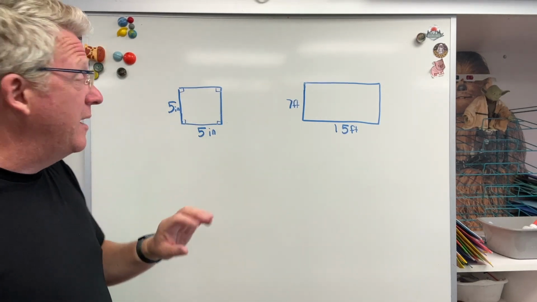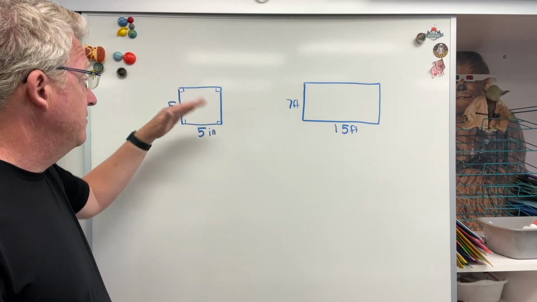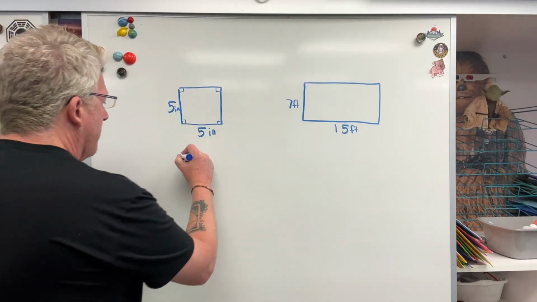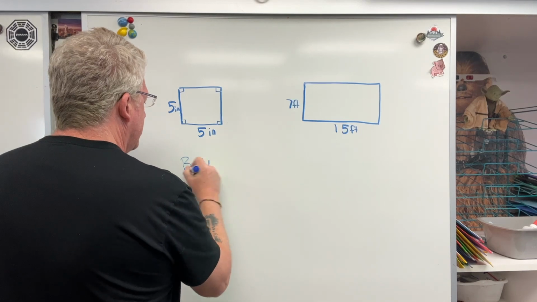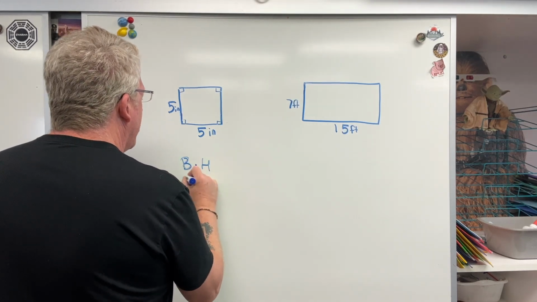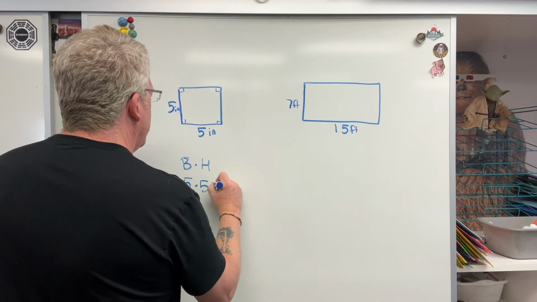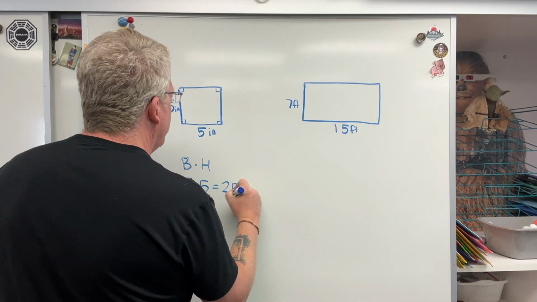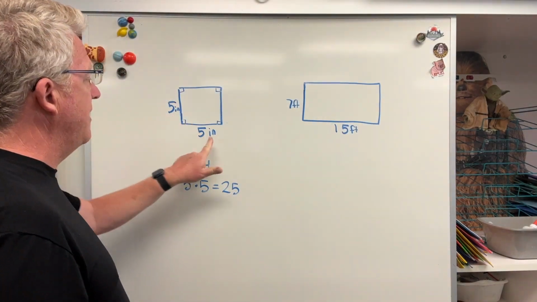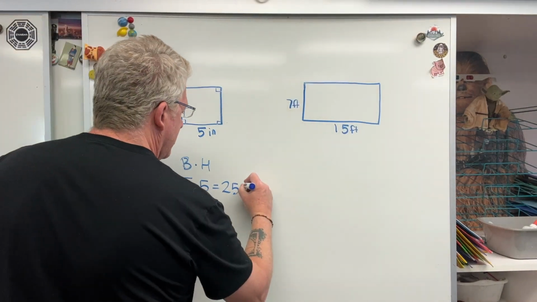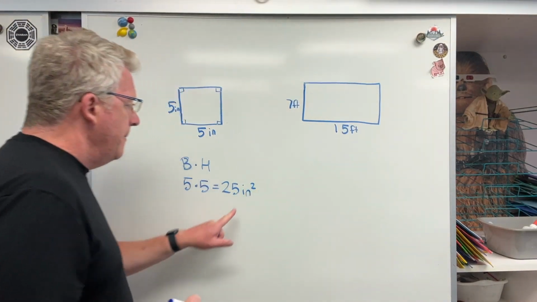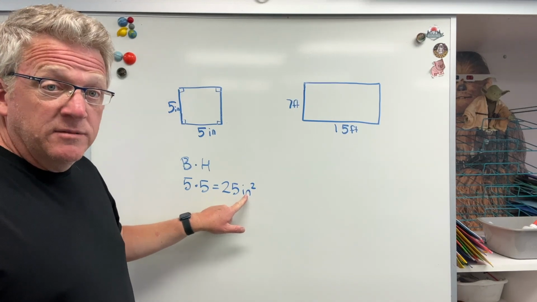It's just a special rectangle that has equal sides. So if we were talking base times height, then that's going to be 5 times 5 equals 25. 25 what? Because this is 5 inches by 5 inches, 25 inches squared. You can abbreviate inches with the IN.